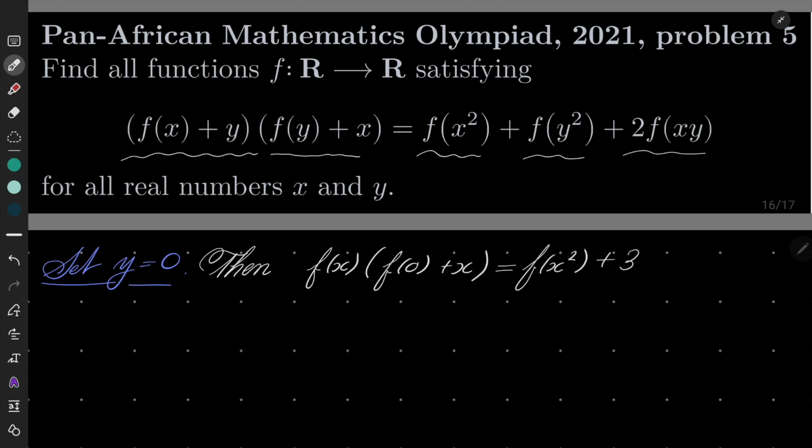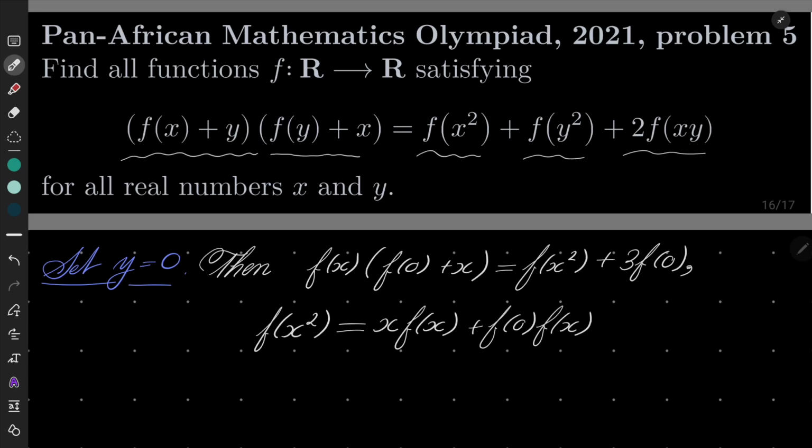So it's plus 3 times f(0). And that means that f(x)^2 equals x times f(x) plus f(0) times f(x) minus 3 times f(0).